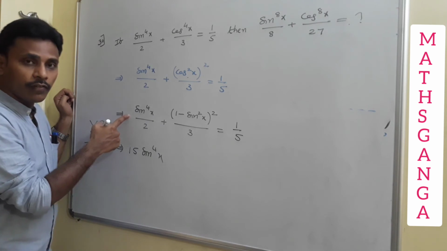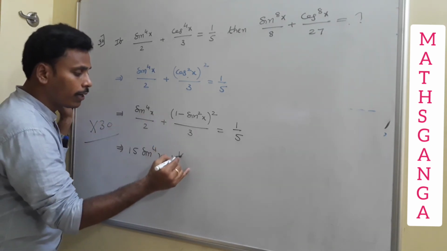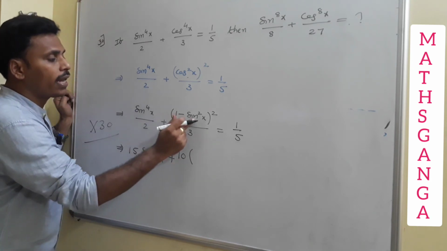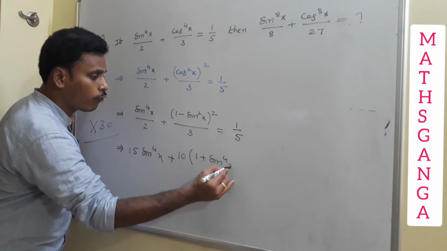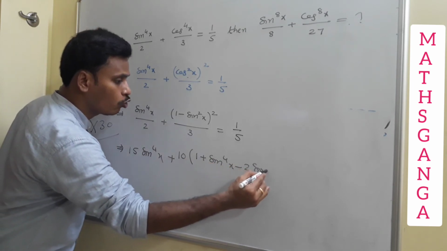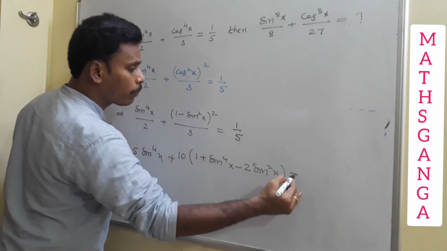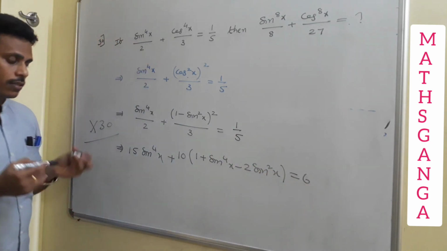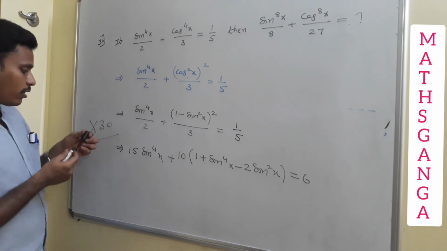If I multiply here with 30, we get 15. Plus if I multiply here with 30, it becomes 10 times (1 minus sin square x) whole square, that is 1 plus sin power 4x minus 2 sin square x. And that is equal to, if you multiply here with 30, 6, since 30 by 5 is 6. And then you need to simplify. Have a look at what we have.